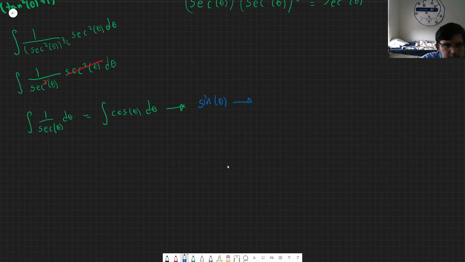So this is going to equal x over the square root of 1 plus x squared plus c. And remember that sine equals y over r. This is why I draw the triangle, because I can visualize this better. And that is our answer right here.